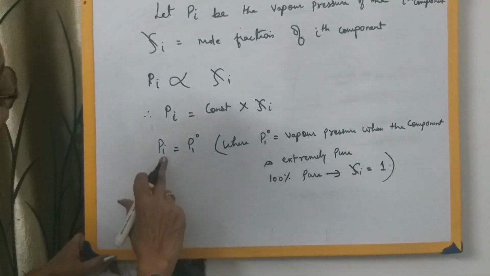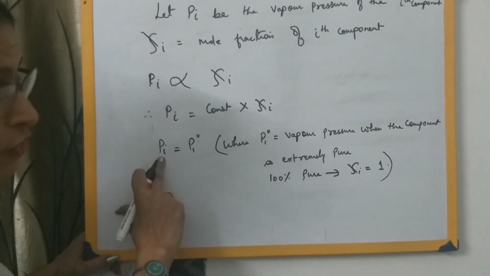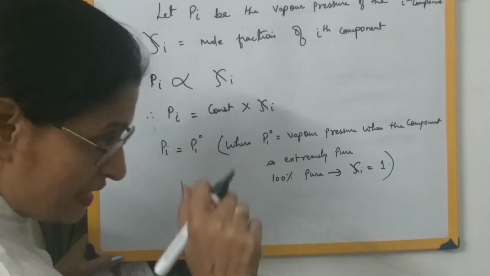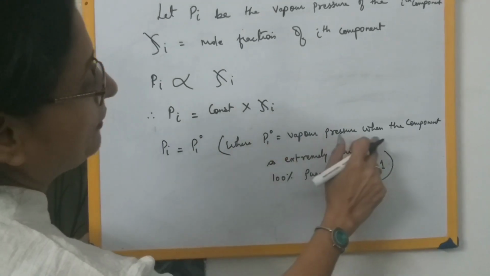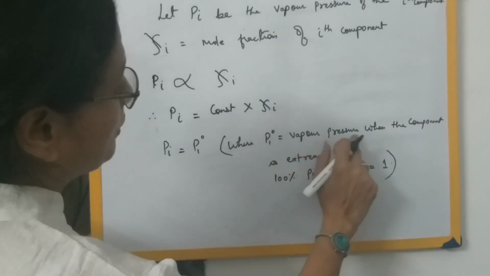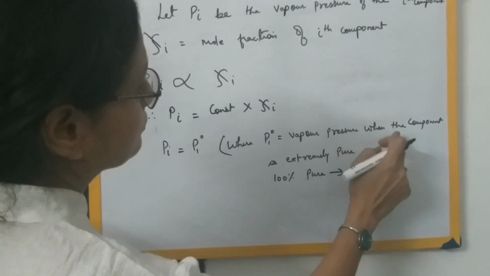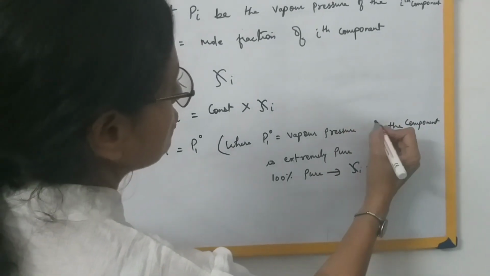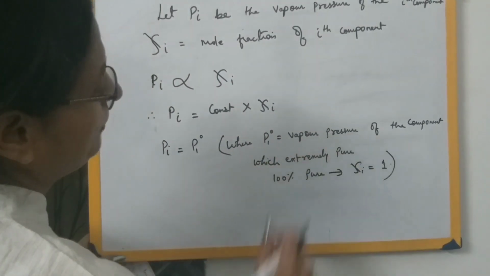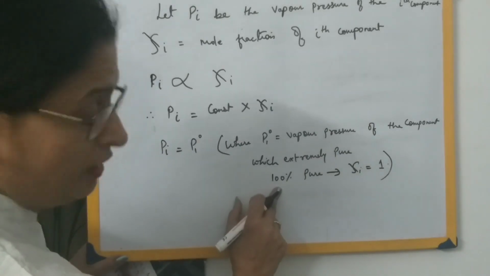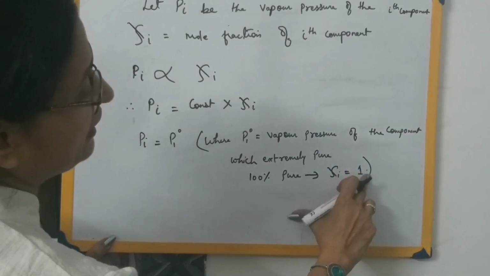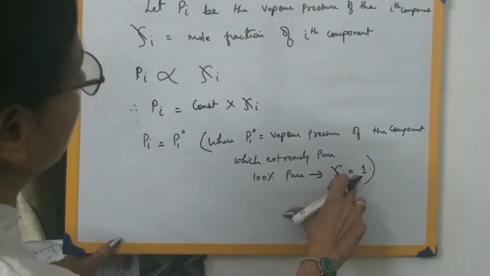I repeat once again, Pi 0 is the vapor pressure of the component when it is extremely pure. If this component is 100% pure, no impurities are present, so the mole fraction of i will be taken as 1.